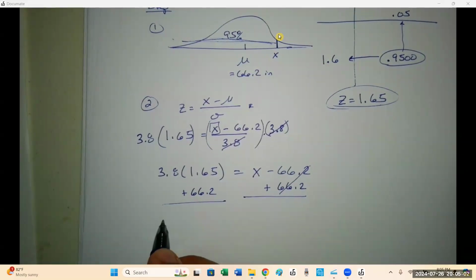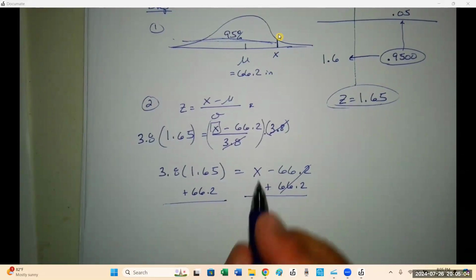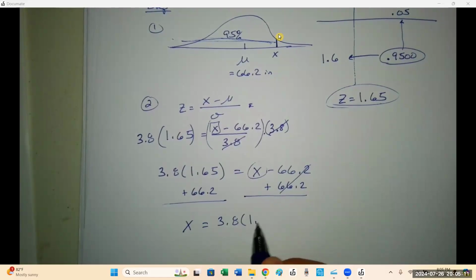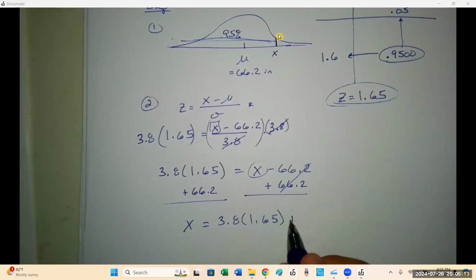Because we're looking for X, X is equal to this whole thing: 3.8 times 1.65 plus 66.2.